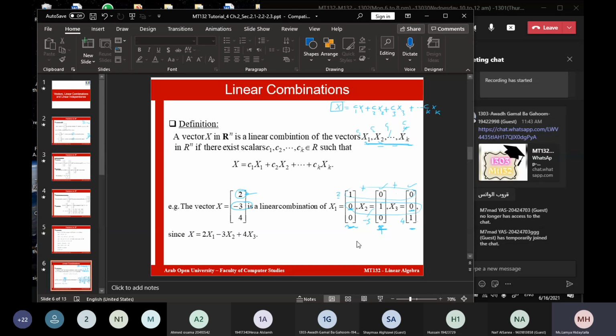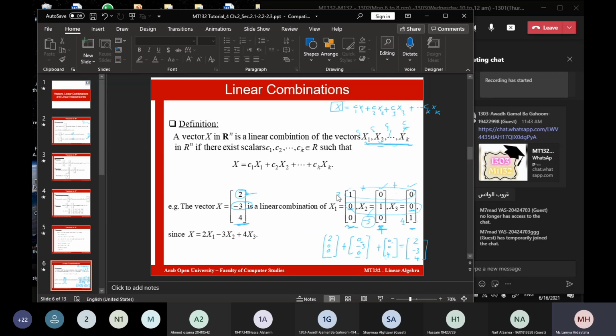So what do I get? I get 2, 0, 0 plus this one times minus 3, that is 0, minus 3, 0, and then the last one times 4, so 0, 0, 4. When you add up, you get 2 plus 0 plus 0, which is 2, then 0 plus minus 3 plus 0, which is minus 3, and then 0 plus 0 plus 4, which is 4. So yes, I got this one.